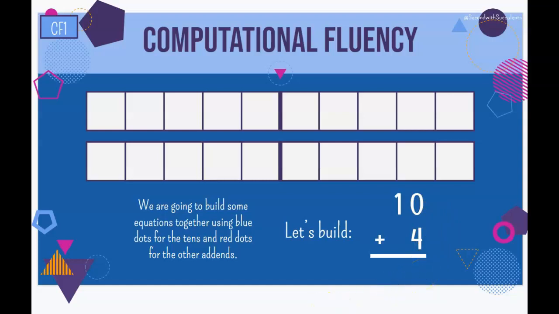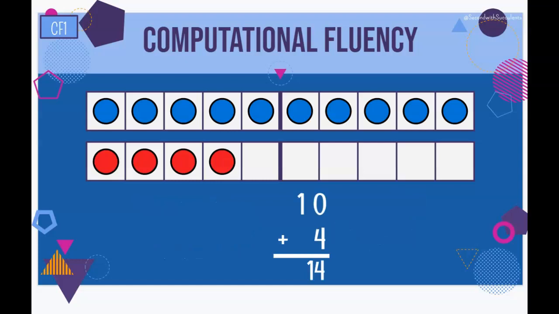Let's have a look at how we can build 10 plus 4. Now I've built 10 plus 4 to show that I have 10 blue dots on the top. My whole strip is filled, and that's my first addend. I've built my 4 with my red dots on the bottom to show my second addend. 10 plus 4 equals 14.